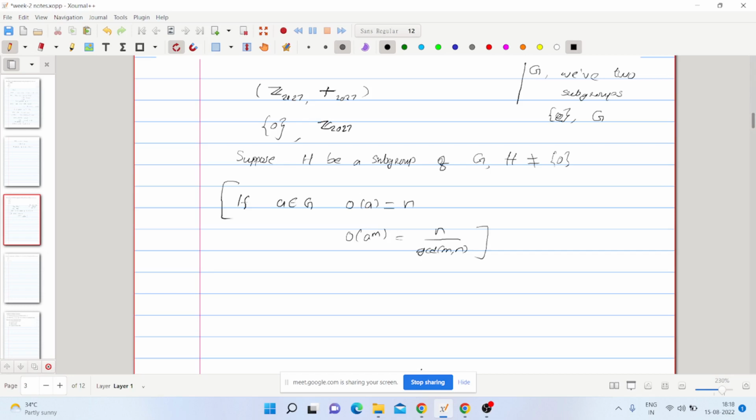Now here, instead of G, we have the set Z_2027. Suppose H is a non-trivial subgroup of G. That implies there exists an m not equal to 0 in H, right?